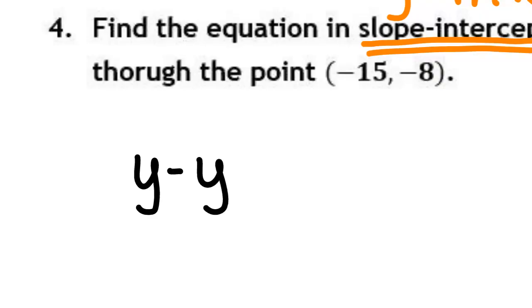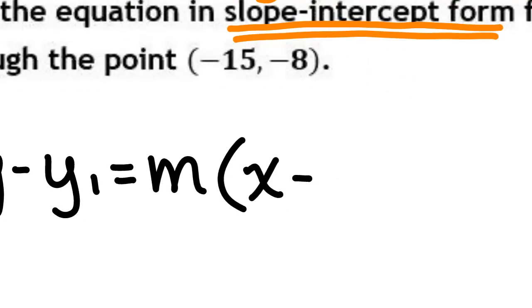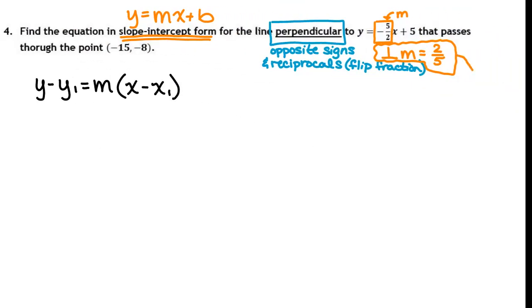Y minus y1 equals m, and then parentheses, x minus x1. In the place of m, we're going to put our perpendicular slope, 2 over 5.